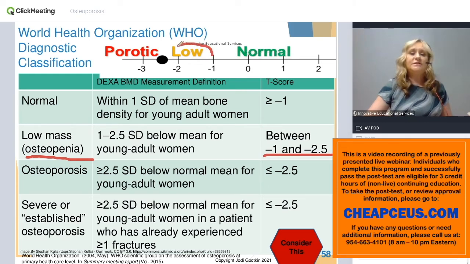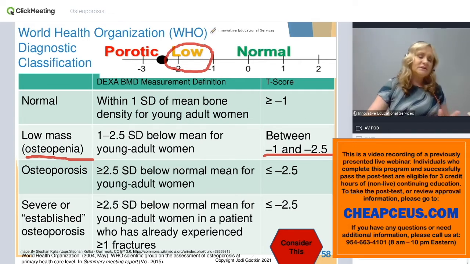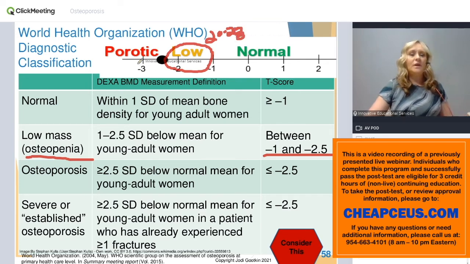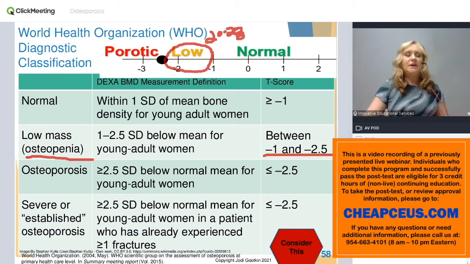That means an individual in this range, their bone mineral density is somewhere in the range of 20 to 25% less than an average 30-year-old. That would be considered osteopenia. There's some weakening of the bone.